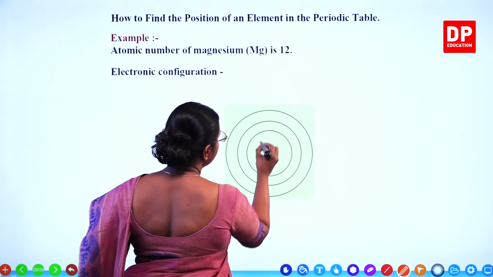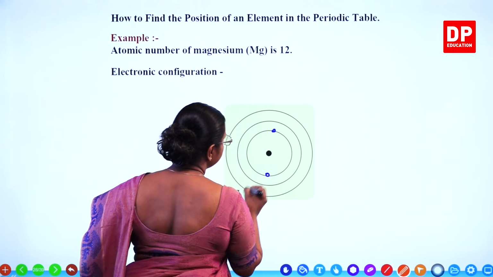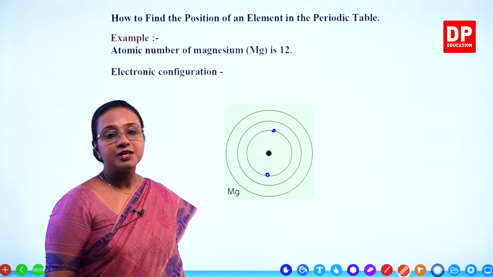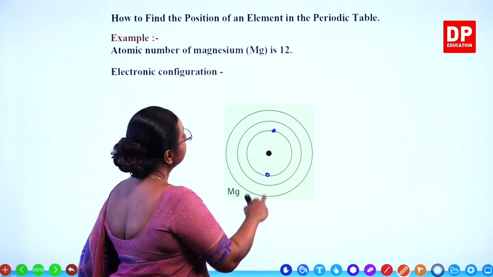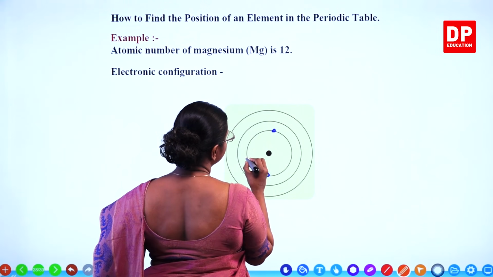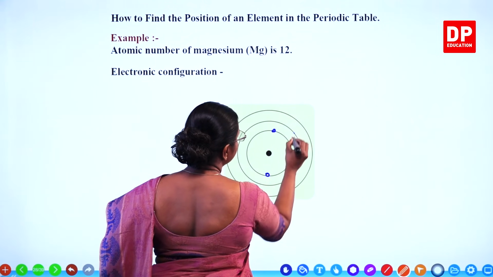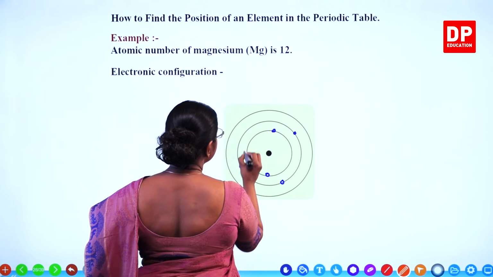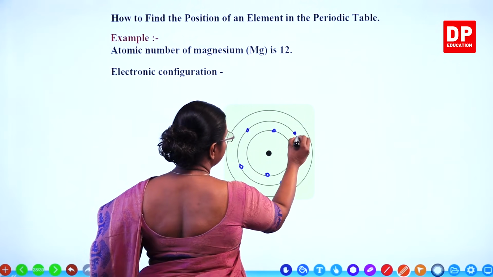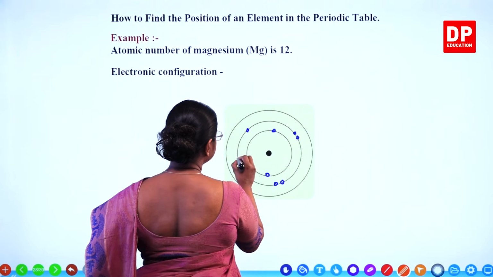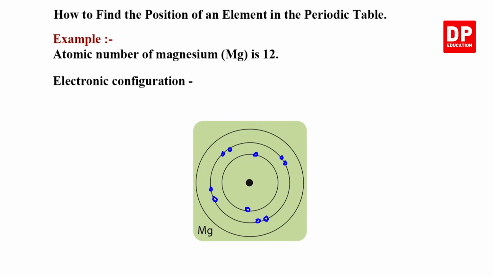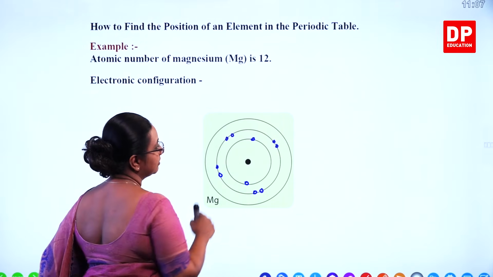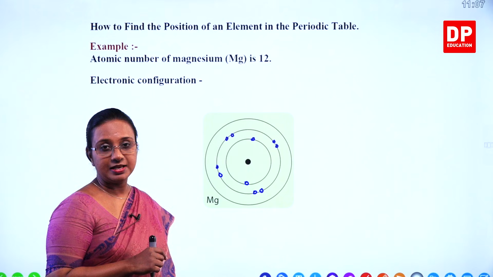Out of the 12, the first 2 electrons will go to the first energy level, that is the K shell. Then we have another 10. Out of those 10, 8 more electrons can go into the second energy level, that is the L shell. 2 and 8 electrons, 10 electrons have been assigned.